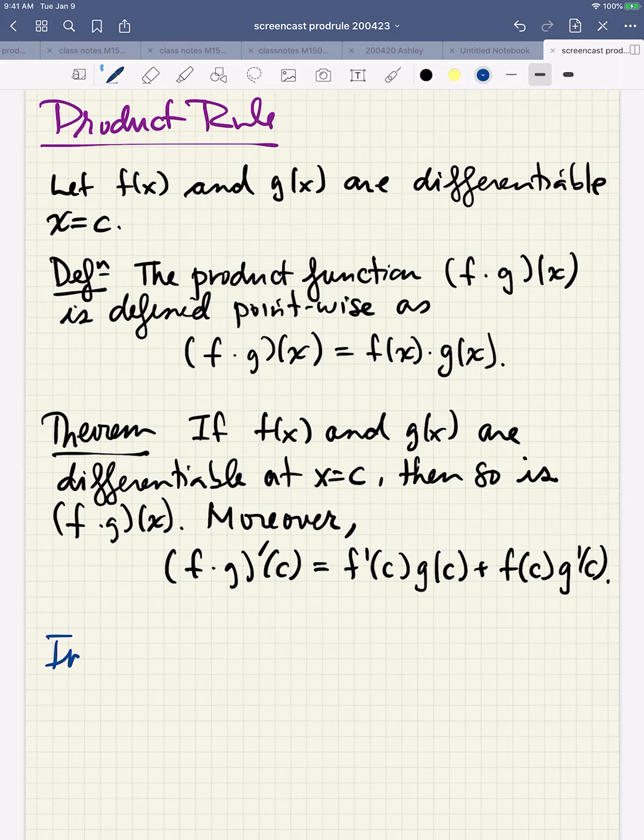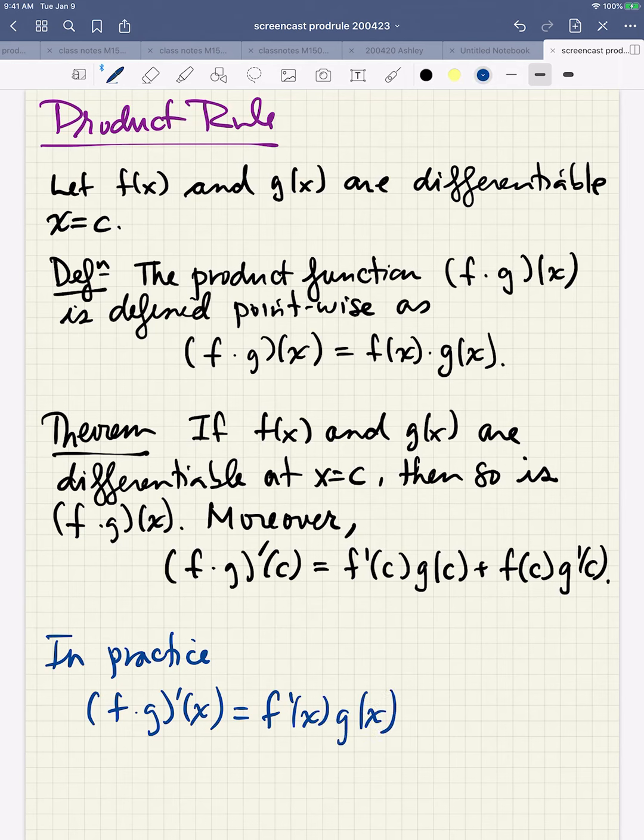In practice, we write this with a variable symbol x, not a constant symbol c. So this is probably what you're used to seeing.